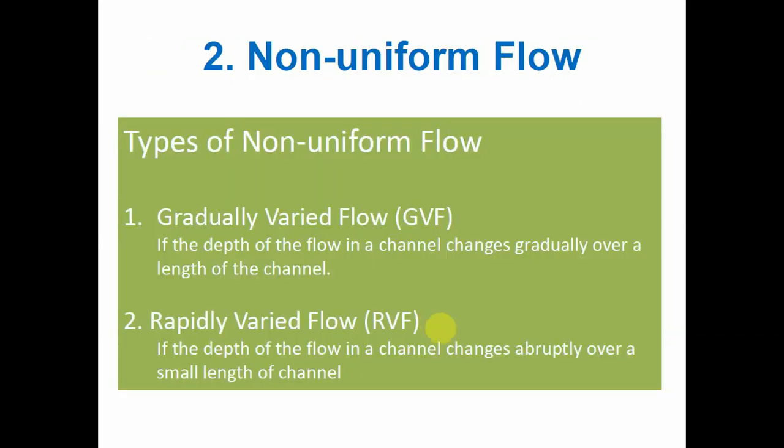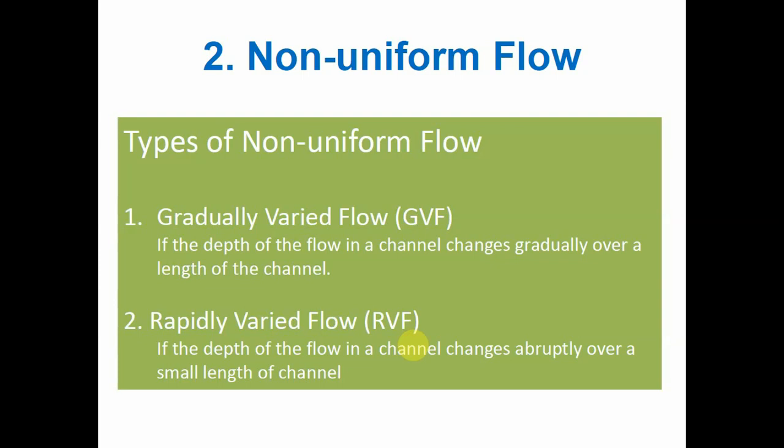So that is non-uniform flow. Again, it is classified into two types, that is gradually varied flow and rapidly varied flow. First one, gradually varied flow.